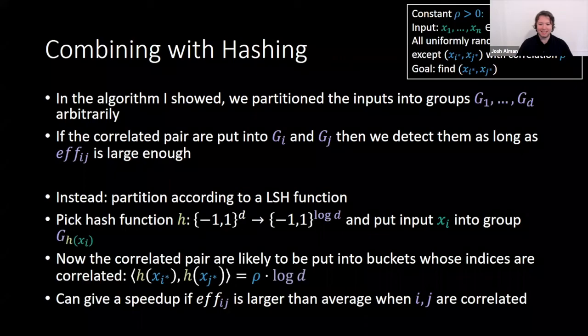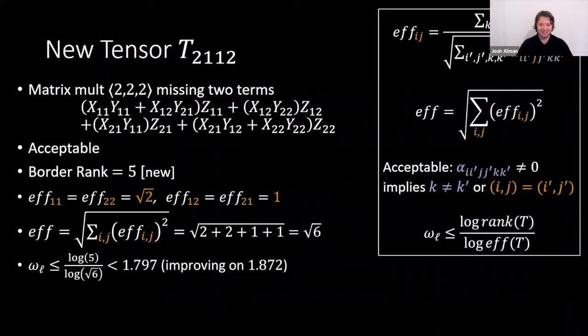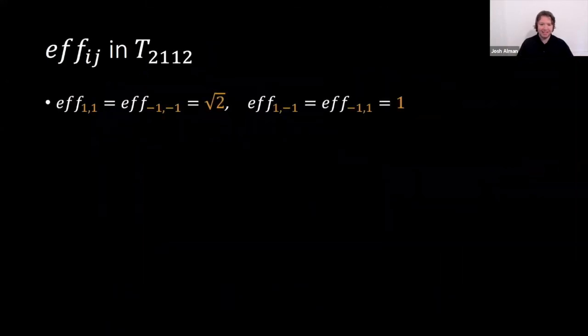So here's the slide where I showed you the tensor T2112 before, and in particular, it has exactly this kind of property we want: the diagonal entries have larger efficacy than the off-diagonal entries. Just writing that again, slightly renaming things, the 2 diagonal efficacies are like √2, and the 2 off-diagonal efficacies are like 1.